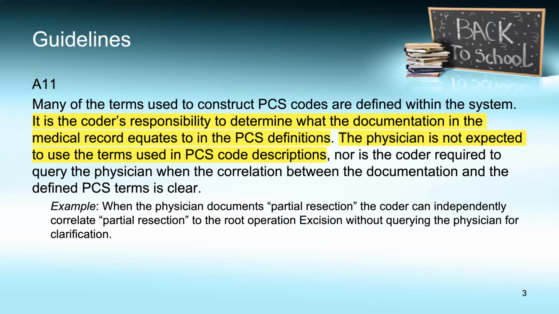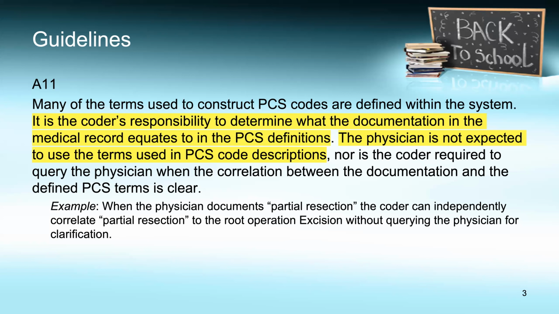Before we get into the purpose of the presentation, which is to identify root operations, I want to first go over some of the pertinent guidelines that are applicable. Now, there are more guidelines than what I am going to cover today, so make sure that you take the time to thoroughly review all of the guidelines.